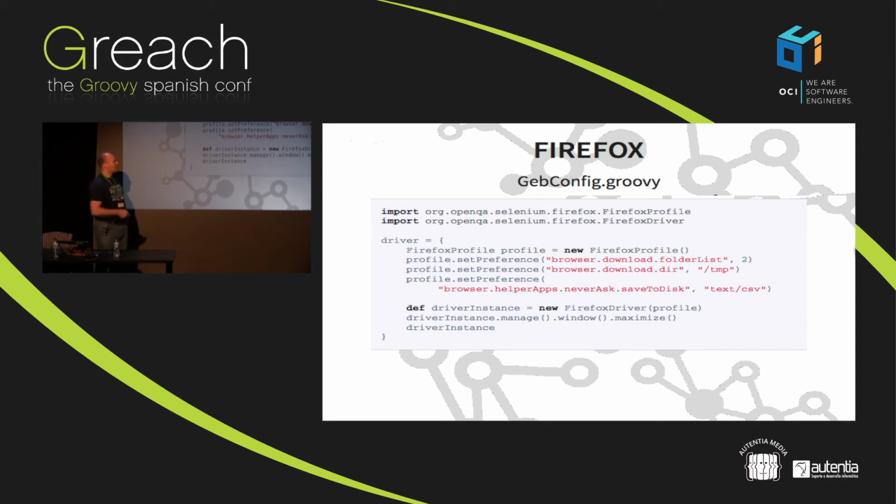If that's the case, you can test your download, and you can verify that they're the correct files in the correct folders. You can also, by giving it the profile, say, well, I want to maximize this window, or you can set exactly which specifications you want.